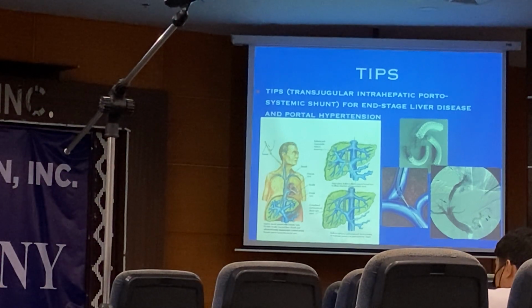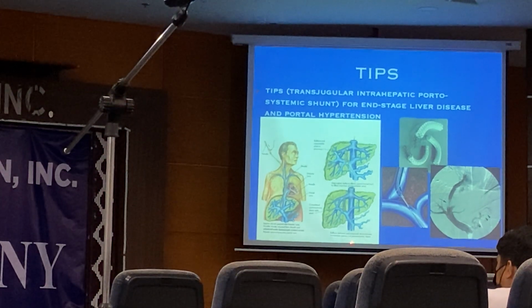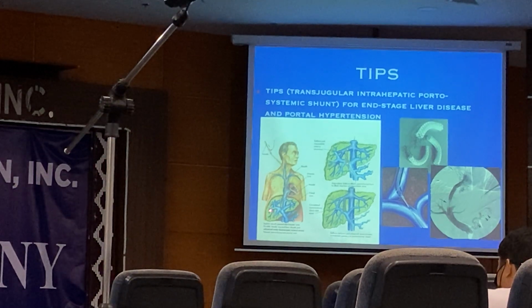So to decrease the portal venous pressure, to relieve the portal venous hypertension, we access the hepatic vein and then puncture the portal vein within the liver. And then after accessing the portal vein, you dilate it with a balloon and put a stent.